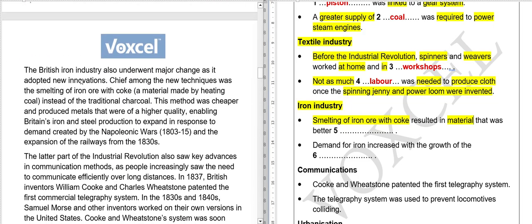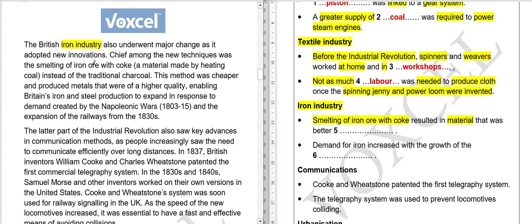The British iron industry. So here is iron industry, and here is iron industry. It also underwent major changes as it adopted new innovations. Chief among the new techniques was smelting of iron ore with coke. So here it is written, the process name. A material made by heating coal. So what is coke? Coke is not your cold drink or that other thing that you are thinking of.